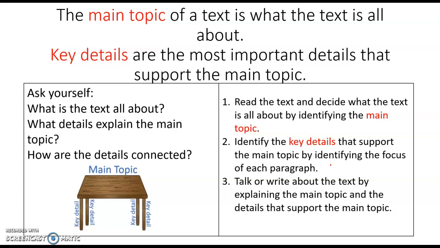And you can do that by looking at each paragraph and seeing, what does this paragraph tell me about the main topic? Then you're going to talk or write about the text by explaining the main topic and the details that support the main topic. So again, we're just reviewing from second grade right now.